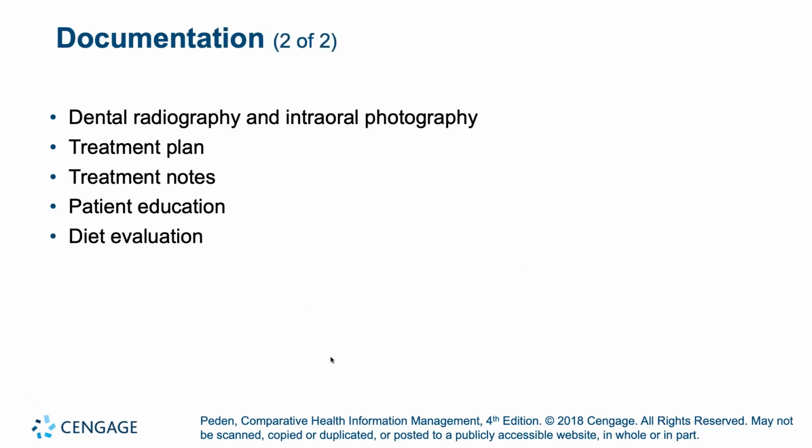Those are all things that they need to document. And again, be thinking about documentation and how that ties in with reimbursement and with any type of regulation. And in your book, the specific documents start on page 523 and go through 531.